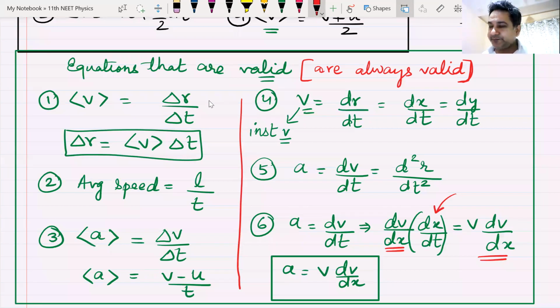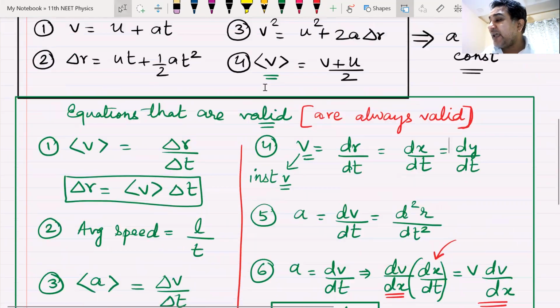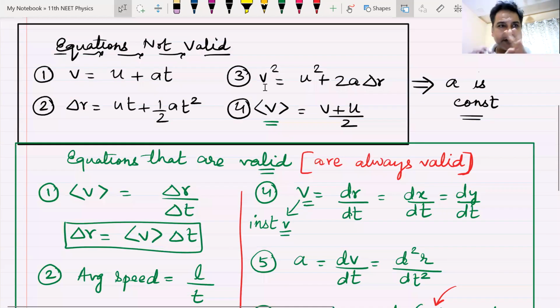They are always valid, so we can use them when the acceleration is uniform, and also when the acceleration is variable. But the ones in black have to be used very cautiously. They're only valid when acceleration is constant. Can I have a show of strength that we understand this?